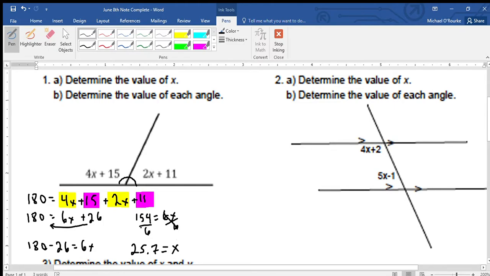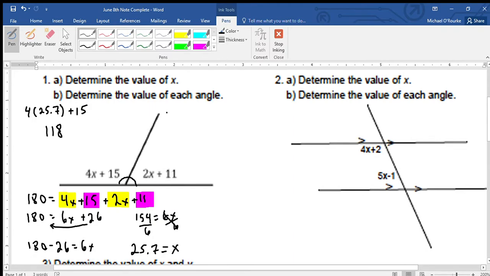Okay. Second question says, let's determine what the angle is. So let's substitute in what we found for x. In this case, it'd be 4 times 25.7 plus 15, which is going to equal approximately 118.